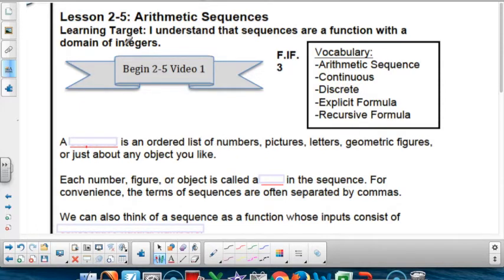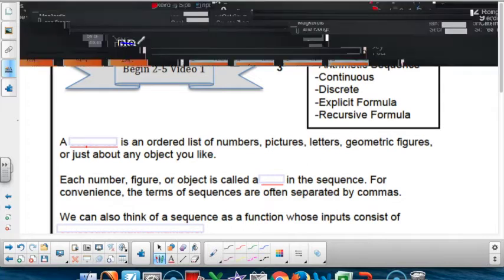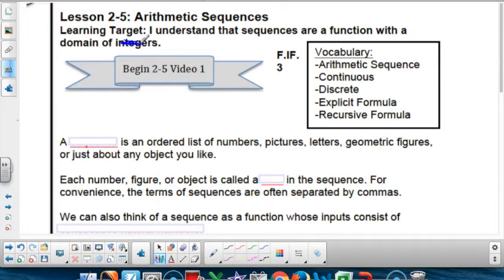But in these, they have to be integers. And actually that's not even true. They're not going to be integers. They're going to be the natural numbers. So you can fix that. Natural numbers are your counting numbers, 1, 2, 3, 4, 5, and so on. So the domain of an arithmetic sequence is just the natural numbers. Those are the only numbers you're going to be plugging into these.